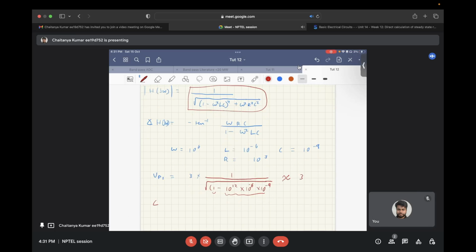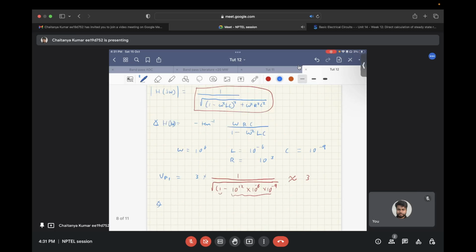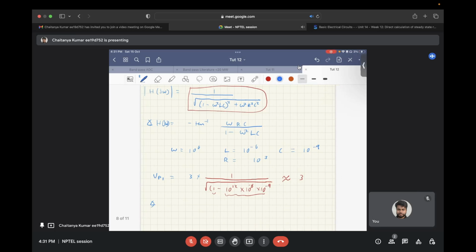Now, the phase due to this will be minus tan inverse of 10 to the power 6 into 10 to the power 3 into 10 to the power minus 9 divided by 1 minus omega square LC.